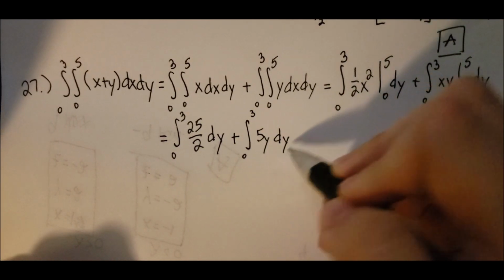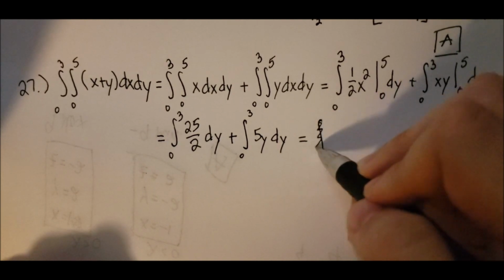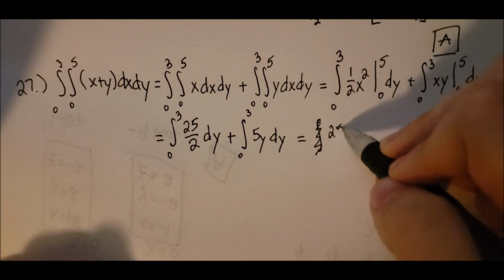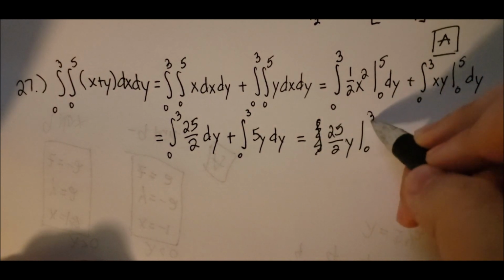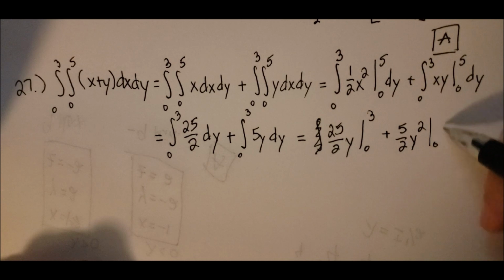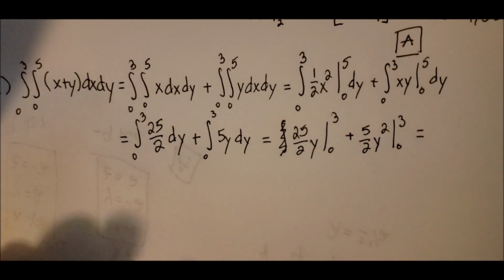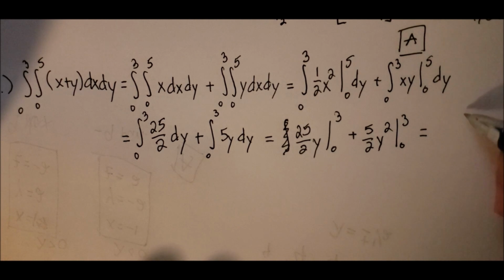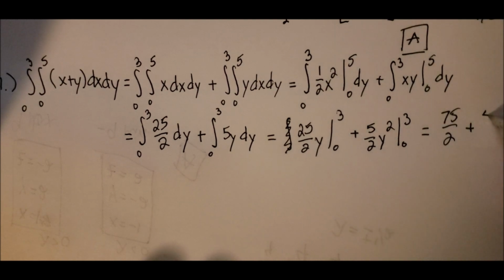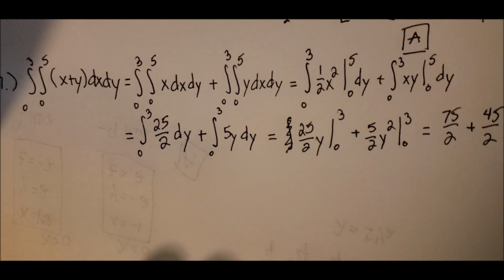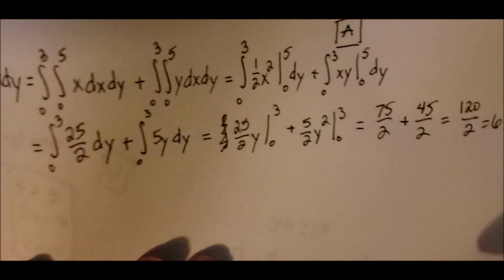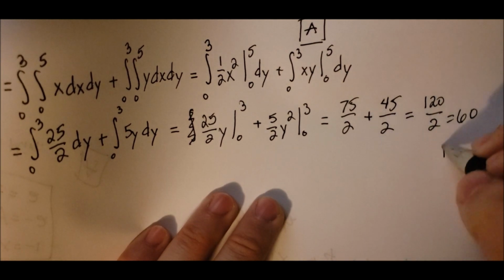And 5y. I'm not gonna have an integral. So now I have 25 halves y and 5 halves y squared, so that's 75 halves plus 45 halves, and that is 120 over 2, which is 60, which is B.